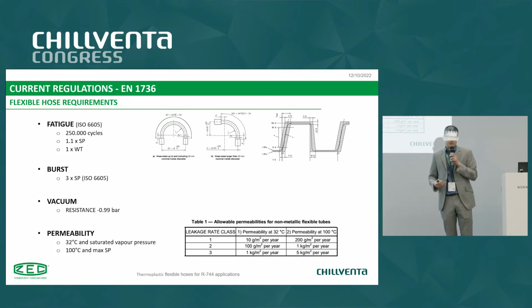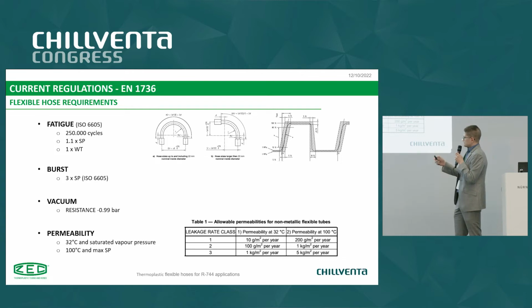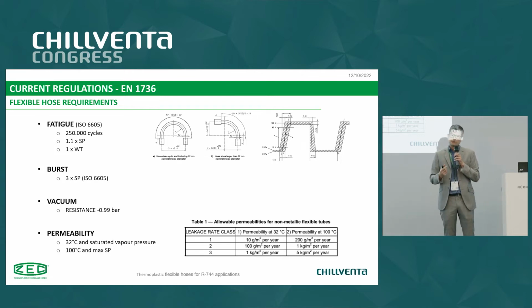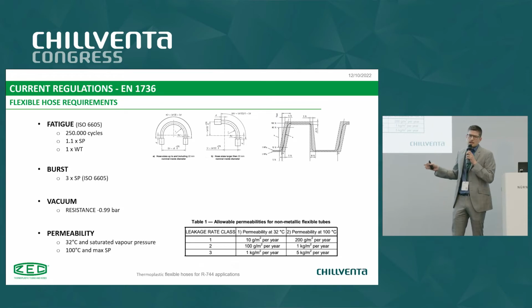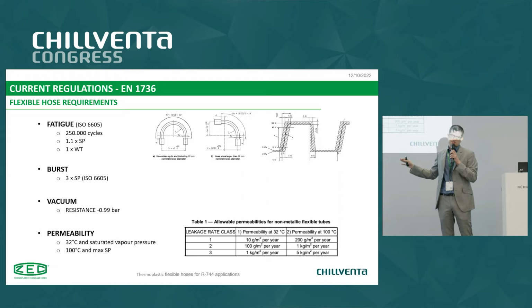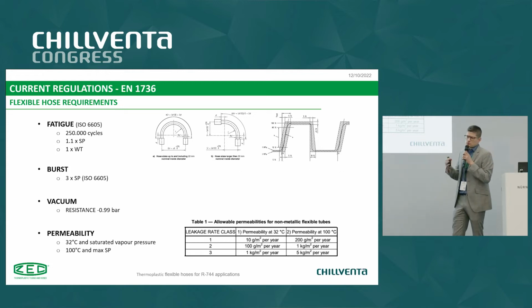Because it's much easier to manufacture an impulse test bench that uses oil, due to compressibility. But the key point is that when there is a leakage, you are not able to find it. Not every time do you find a leakage when we are using oil. So we decided, and we will see at the end of the presentation, how we changed these requirements to be more suited to CO2.